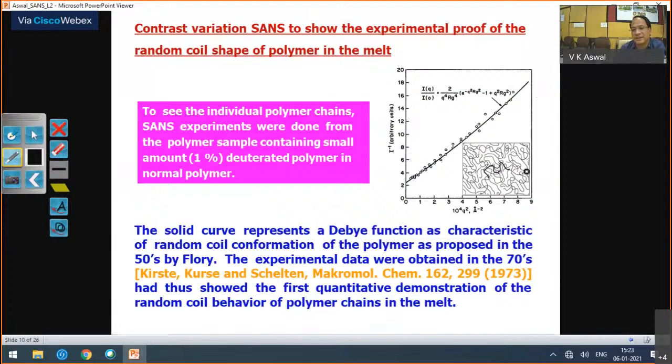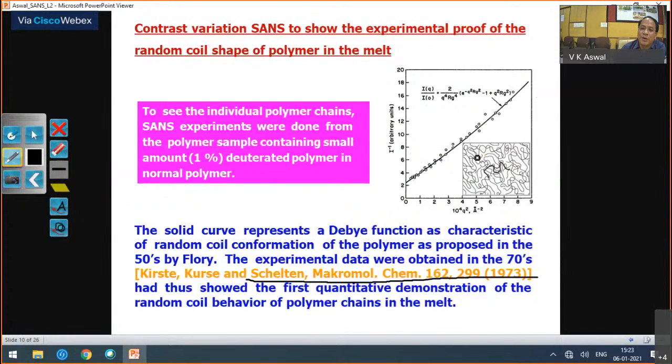How does it take a conformation in the melt? So there were about 3 to 4 different models proposed for the conformation. But the experimental verification of this conformation only came when small angle neutron scattering was made available. So you can see this technique came in the beginning of the 70s. So this was one of the first works to look at the conformation of polymer in the polymer melt.